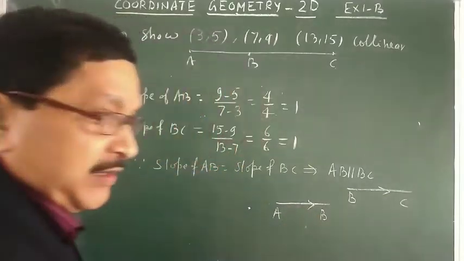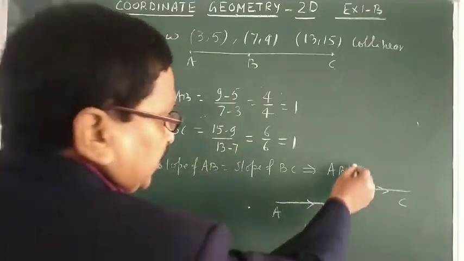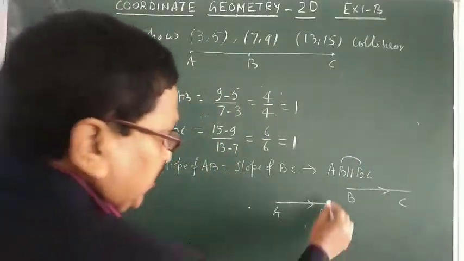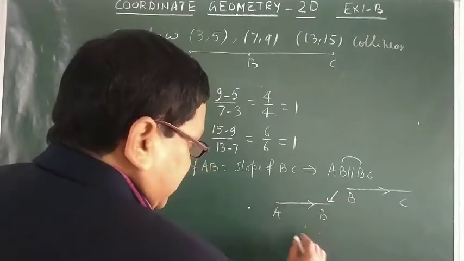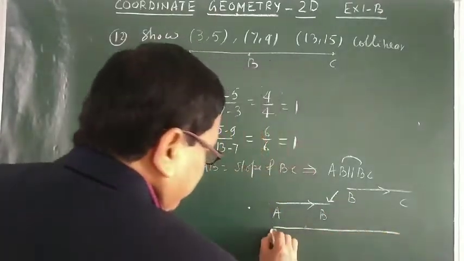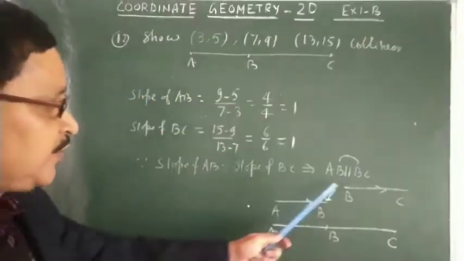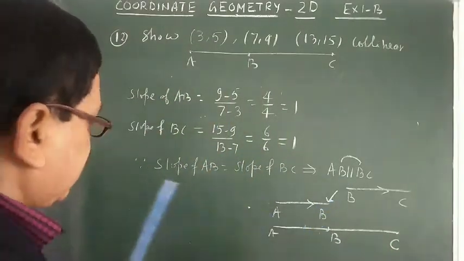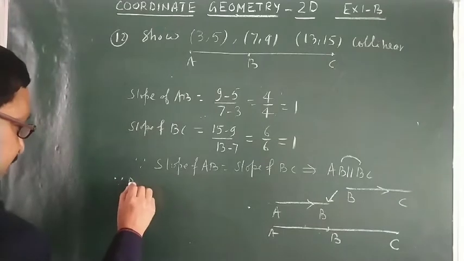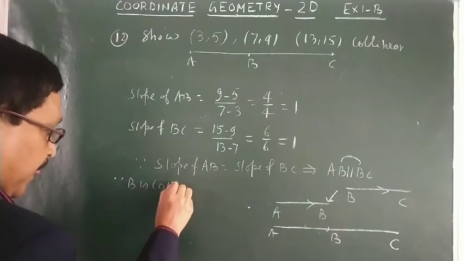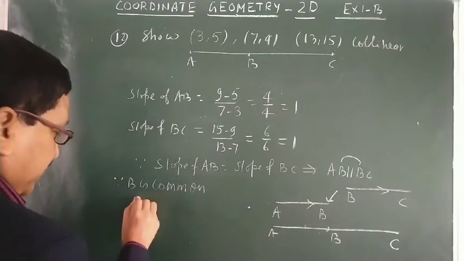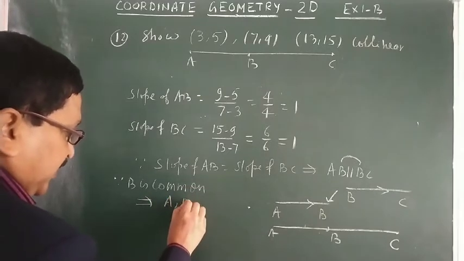Both are parallel, but B is common to both, so this will coincide with this, and then the line will be straight, ABC. So since B is common, hence ABC are collinear.